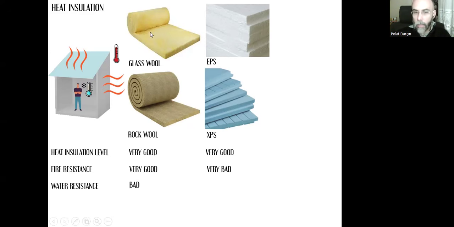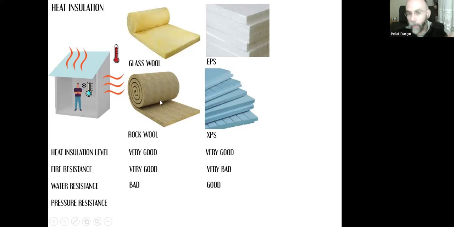Water resistance, these are very bad in terms of water resistance because of all the tiny air gaps inside the fibers. Once they are wet, they absorb all the water, they become very heavy, they lose all their heat insulation abilities, they become useless. But because these are plastic in the second group, they have a very high level of water resistance.